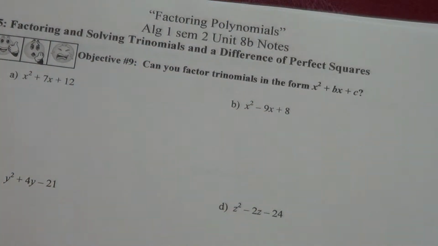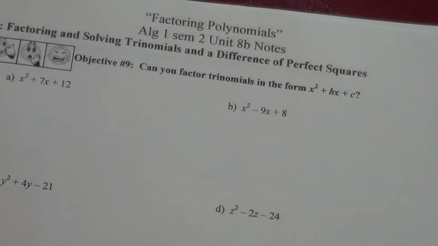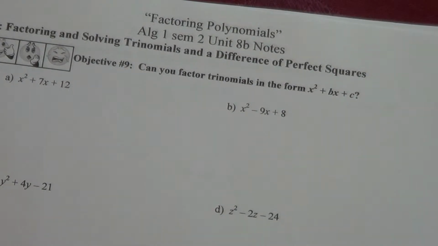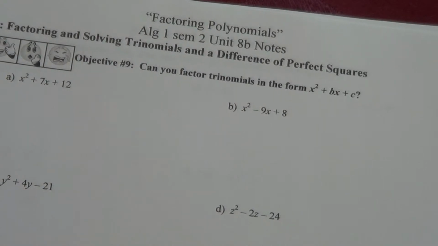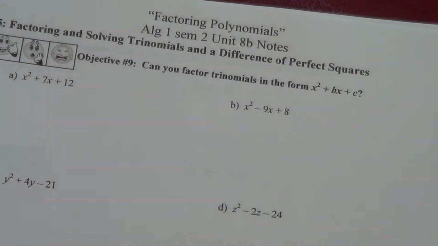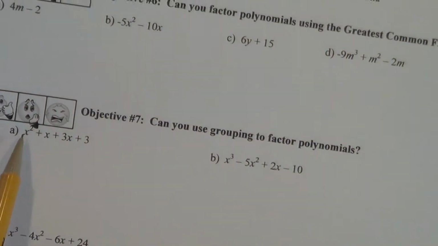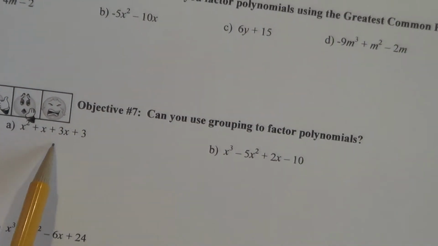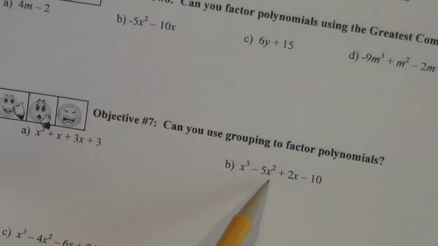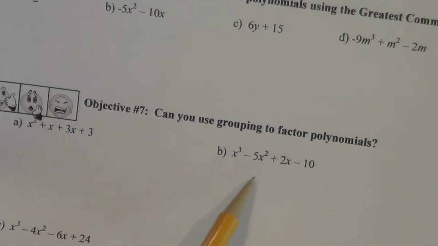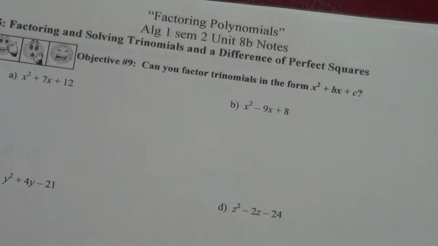Okay, this one is factoring trinomials. If you remember, in the previous section, we've been factoring. Let's turn back to page 3 and review. We were factoring 4 terms, and you did it 2 by 2, and then you would take what was common amongst them and bring them out.